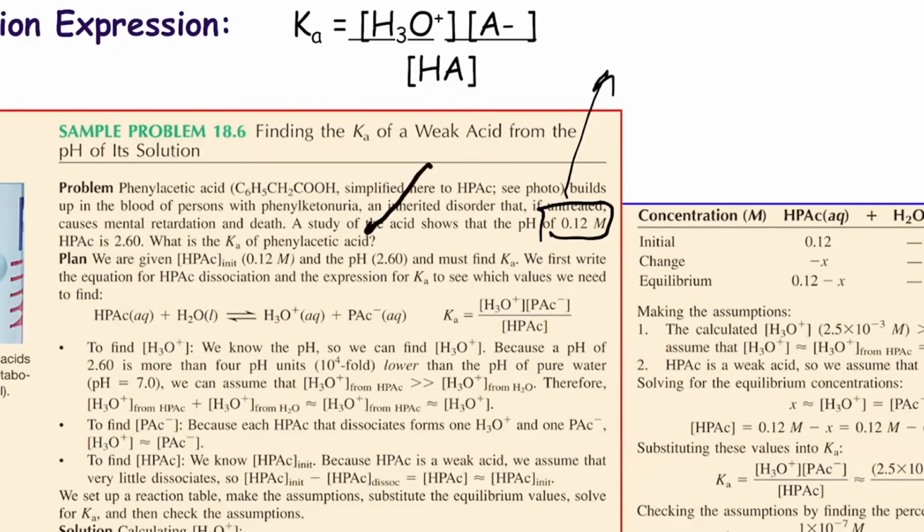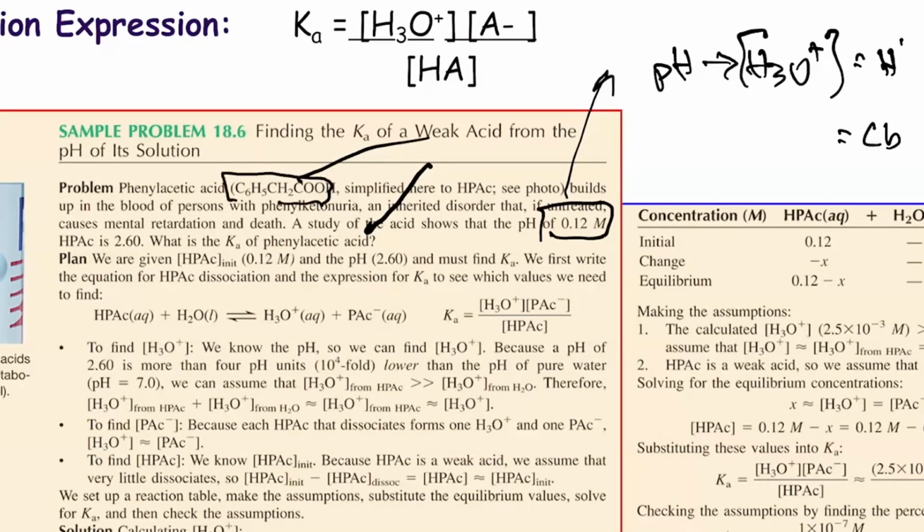So this is not a problem that you would solve this way, but if you realize that the pH is given, then from the pH you can get the hydronium ion concentration, right? And if you have the hydronium ion concentration, then you also have the conjugate base, which is the phenylacetate ion.